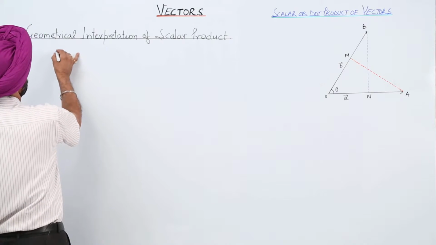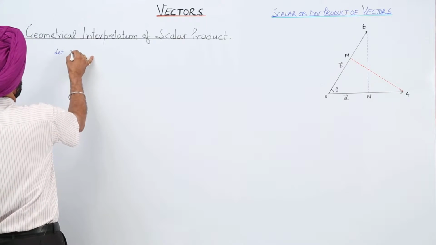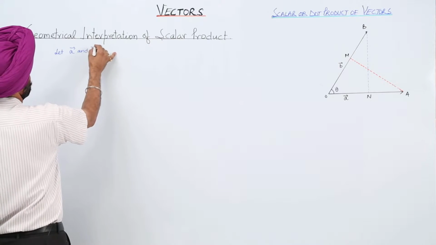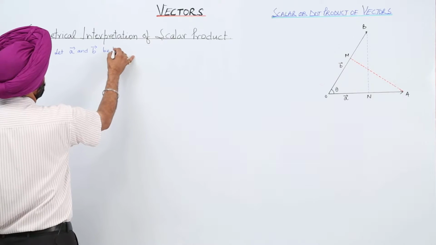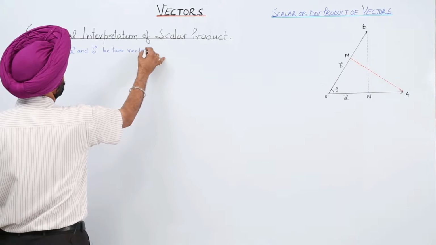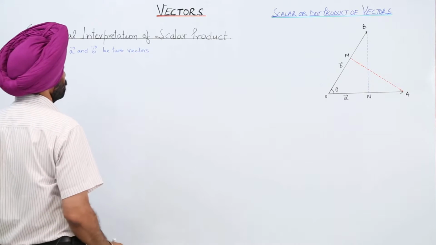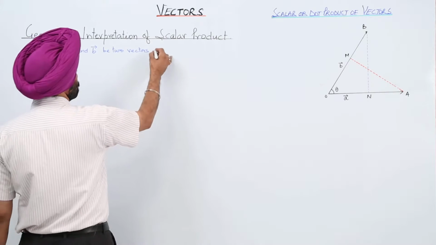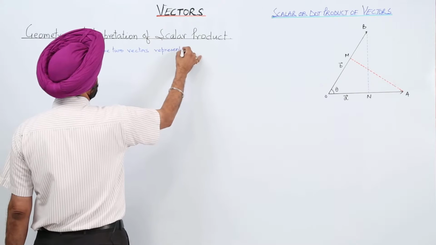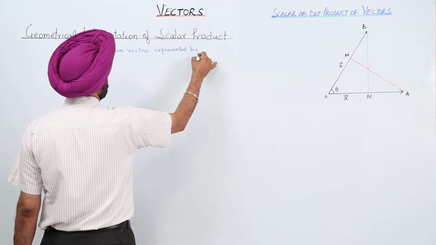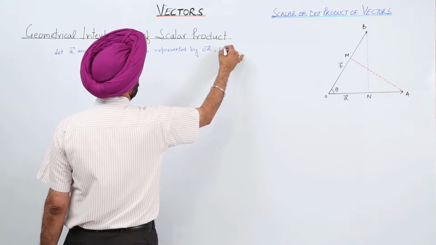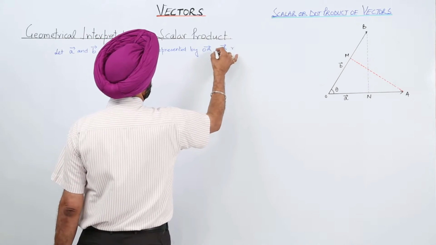Let vector A and vector B be two vectors represented by vector OA and vector OB respectively.